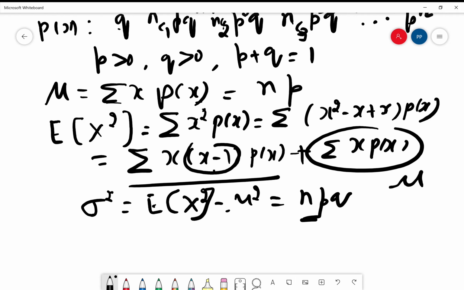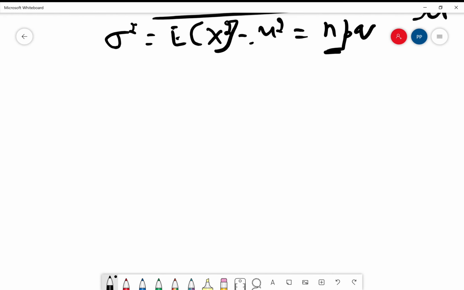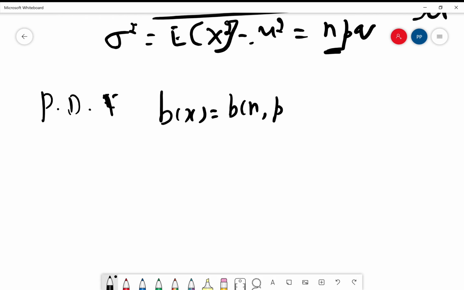And in the problems, we have to make use of the PDF, namely b of x, n, p, which equals nCx into p to the power of x into q to the power of n minus x.